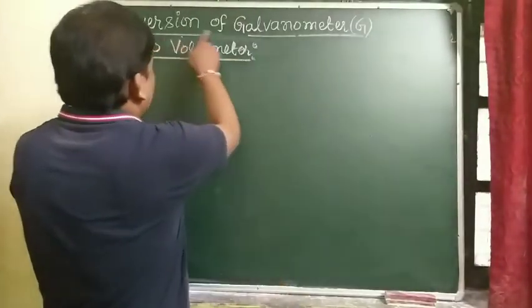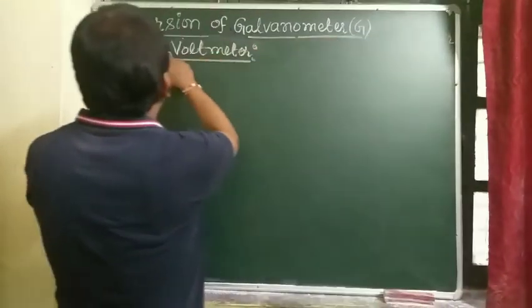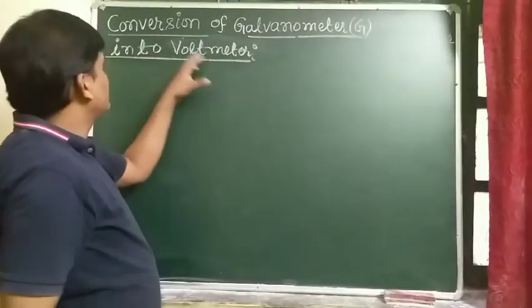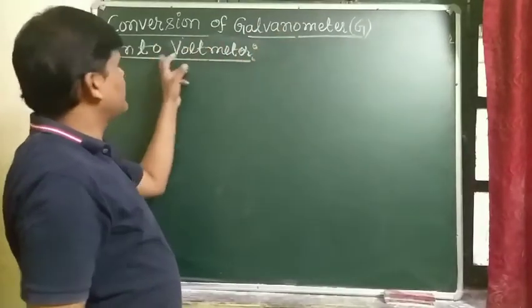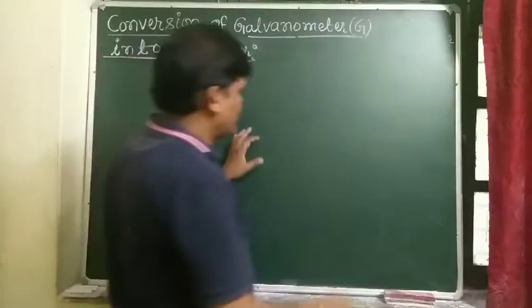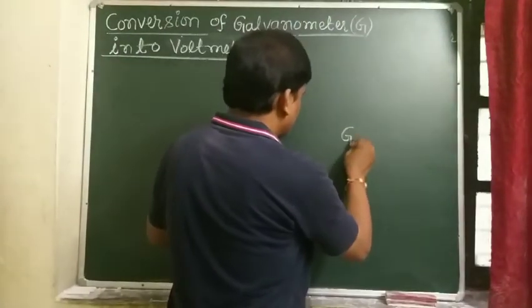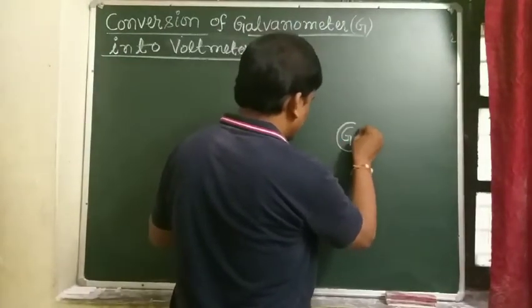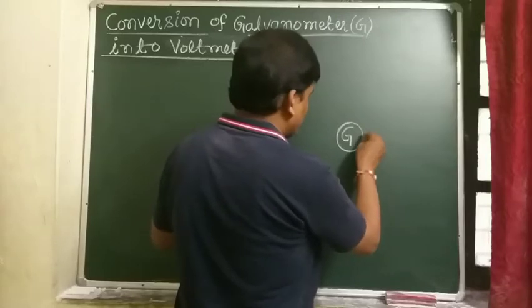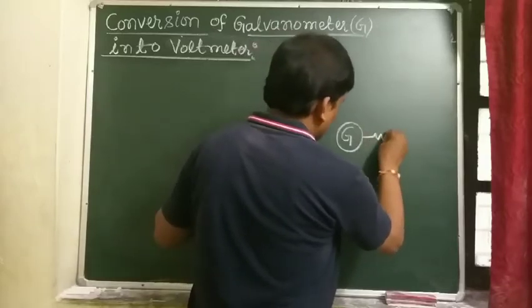Next, conversion of galvanometer into voltmeter, and the circuit diagram for this galvanometer that is converted into voltmeter.